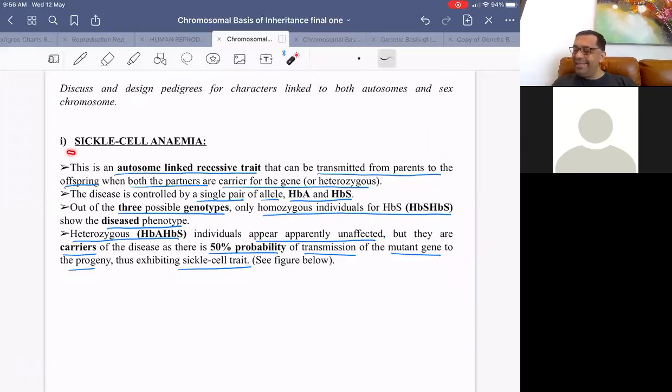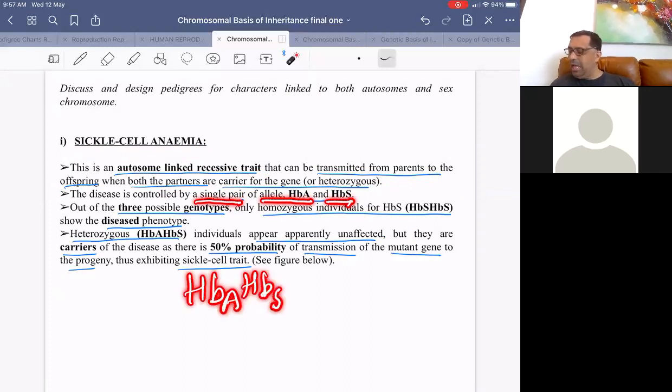Then we have sickle cell anemia. It is an autosomal linked recessive trait which can be transmitted from parents to the offsprings when both partners are carriers. तो ये तो हमने किया था कि the disease is caused by allele HBA and HBS, and if a person is HBA HBS, then that person is a carrier, and another HBA HBS, that person is also a carrier.